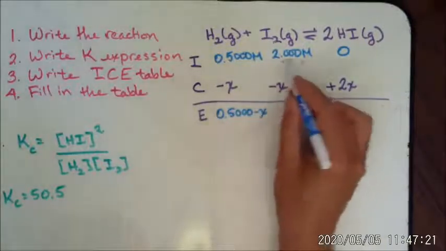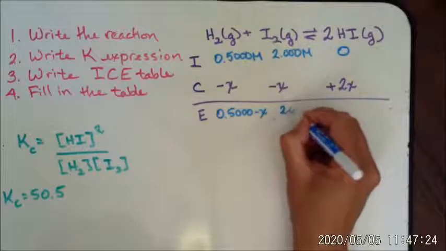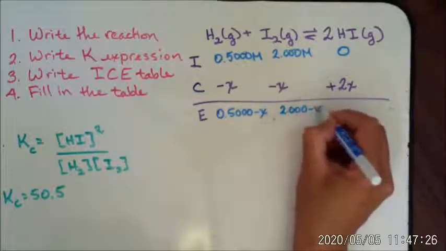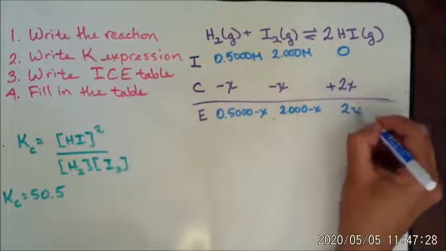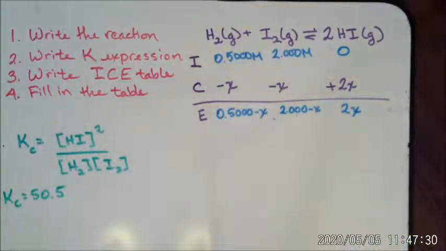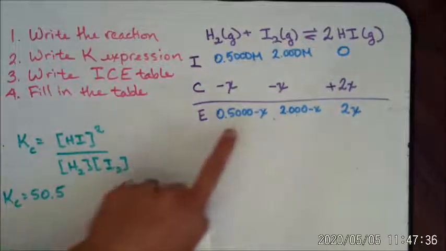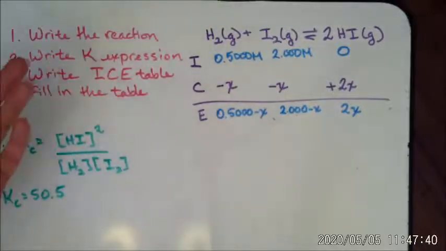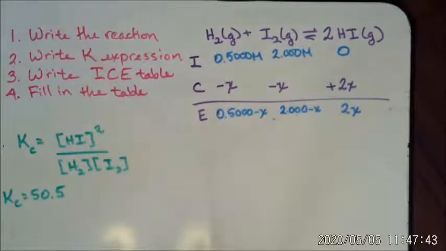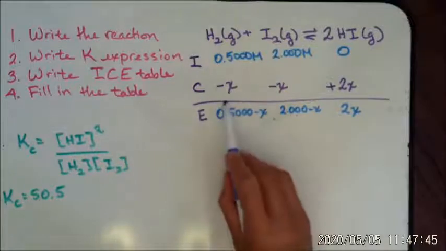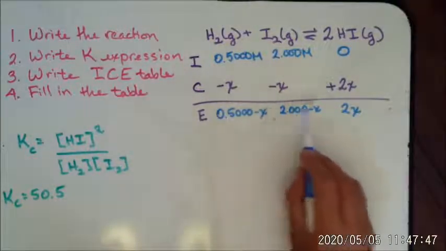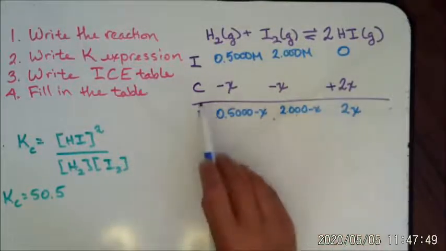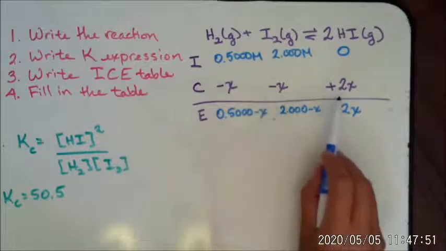And this is 2x. So the problem is this: from my ICE table, in the previous example, where I was given an equilibrium value, I could fill in the table with numbers. In this case, I only know that I'm losing some reactant and I'm forming product.